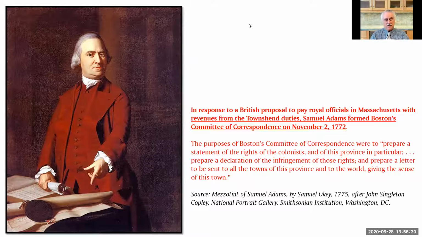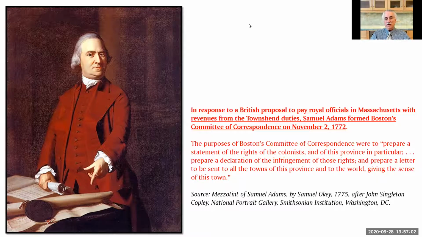Parliament announced in 1772 that it would begin to pay royal officials in Massachusetts. That means employees of the British government who were living in Massachusetts. It would begin to pay them with revenues from the Townshend duties. When Parliament said that, American colonists in Massachusetts were infuriated.